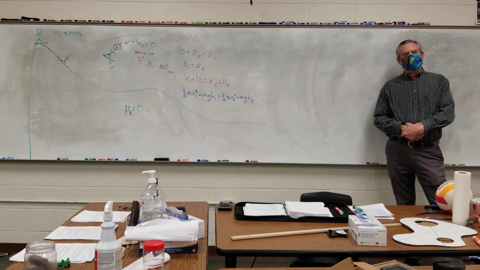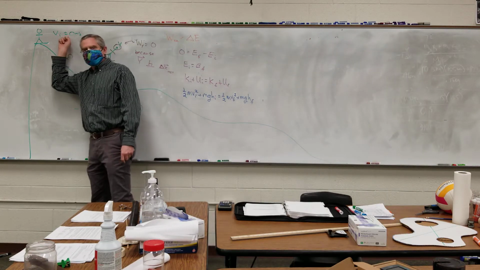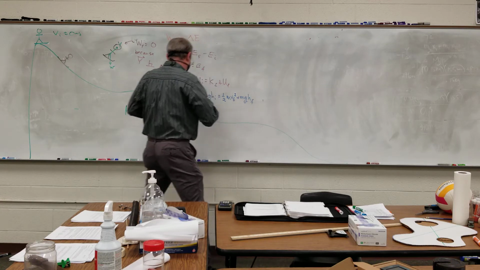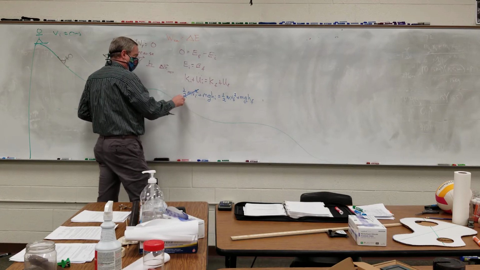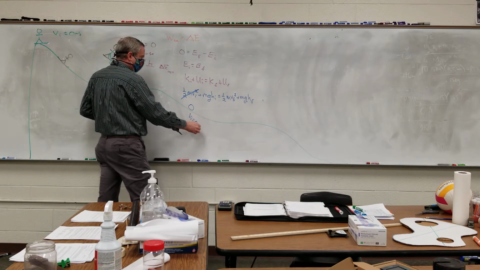We have 4 terms here, are any of them equal to 0? Yeah, V initial. Yep. Close enough to count. It's 0 because V initial equals 0 meters per second.